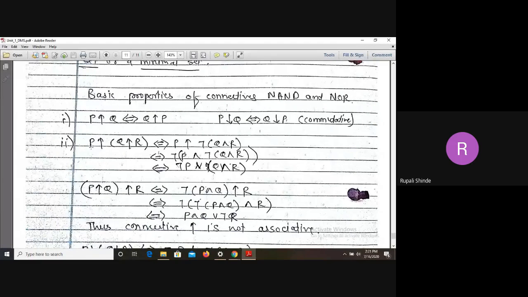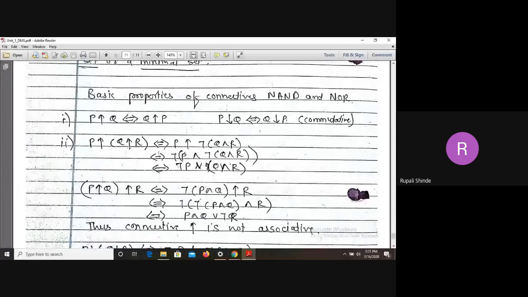Consider the first formula as P NAND (Q NAND R) and the second formula as (P NAND Q) NAND R. If these two formulas give us the same result, then only we can say that NAND satisfies the associative property. So take the first one as P NAND in bracket (Q NAND R).